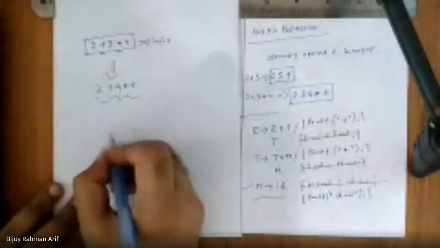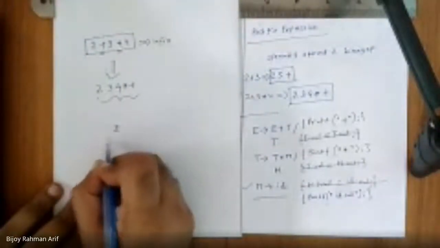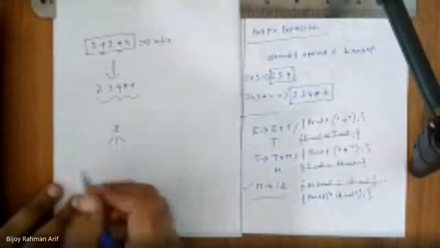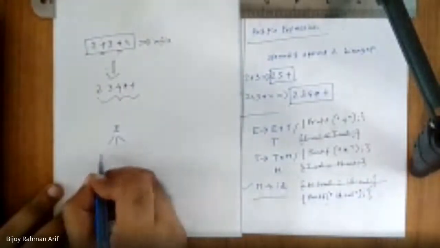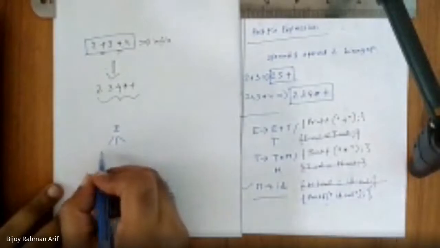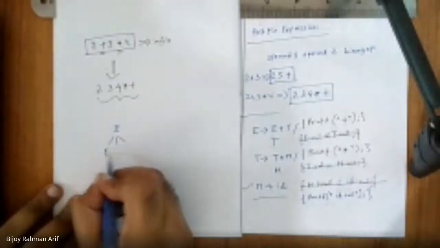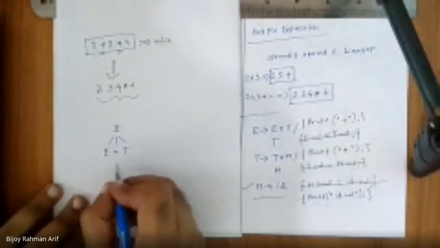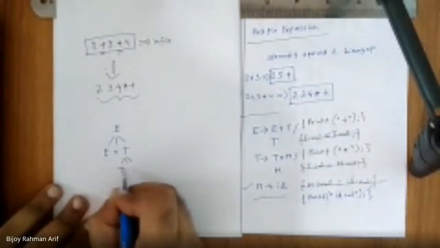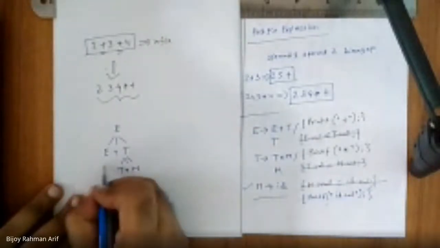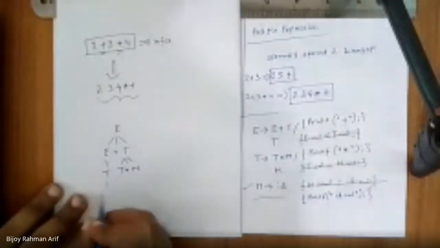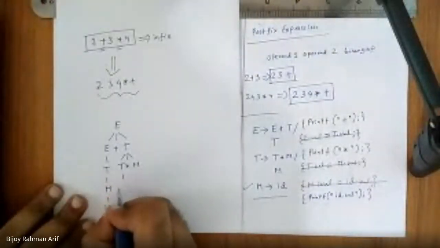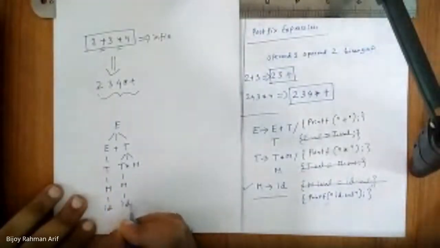So the parsing would be like this. It is E plus T, T derives T star M, then E derives T, T derives M derives ID, T derives M derives ID, M derives ID.